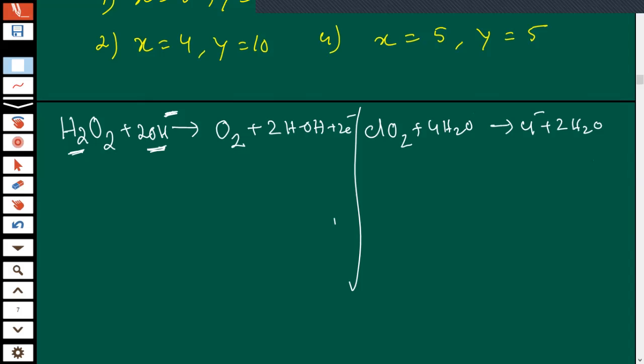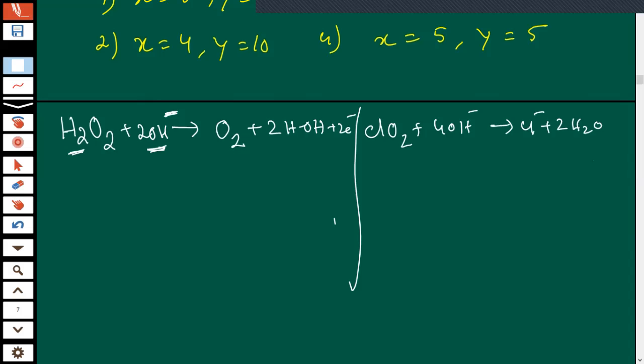Sir, why can't we add OH minus here? Okay, if it is your wish, you add 4 OH minus, right? Now hydrogen is balanced, but again more oxygens are generated. It will keep on moving like this only.